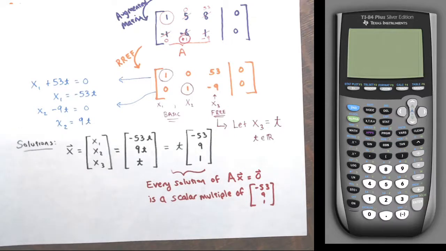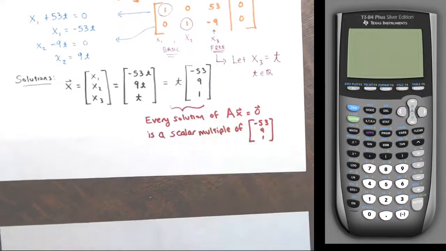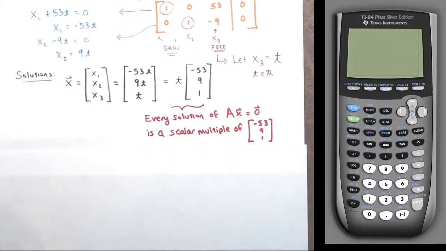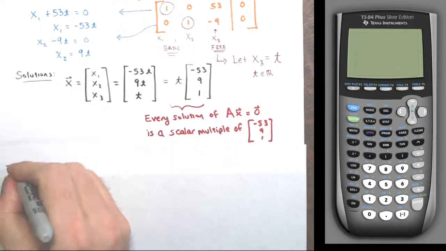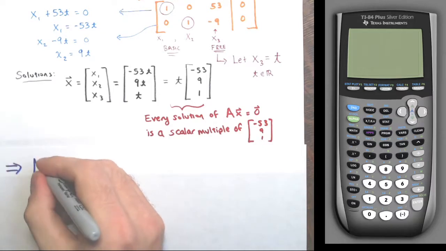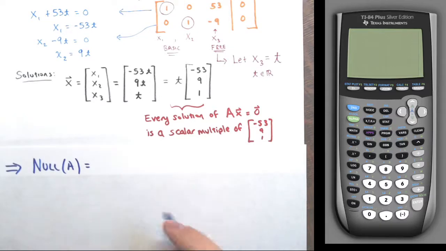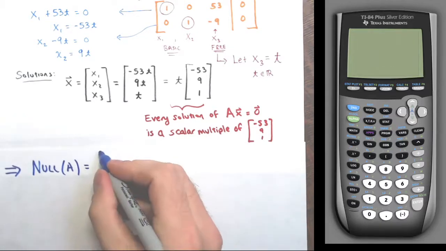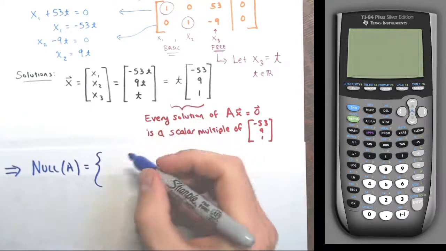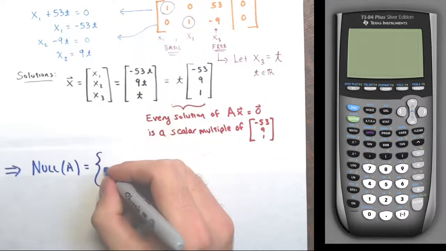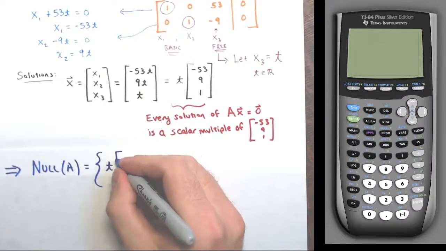All right. So I can describe the null space in a couple ways. All right. So the null space of that matrix A is equal to, and then I just write the descriptions, just like I did right here. It is all the vectors that look like this.